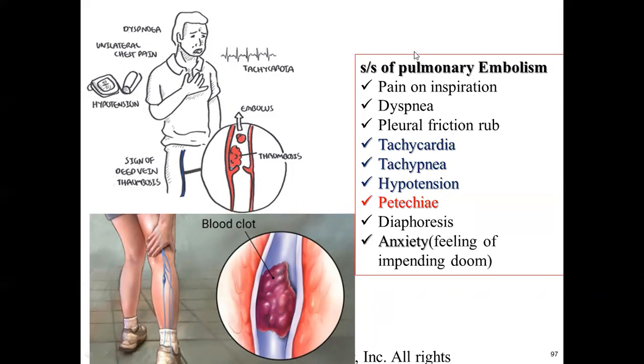Let me read what we wrote here. Pain on inspiration, dyspnea or pleuritic friction rub, tachycardia, increased heart rate, tachypnea, increased respiratory rate, hypotension, petechiae, sweating, which we call diaphoresis.